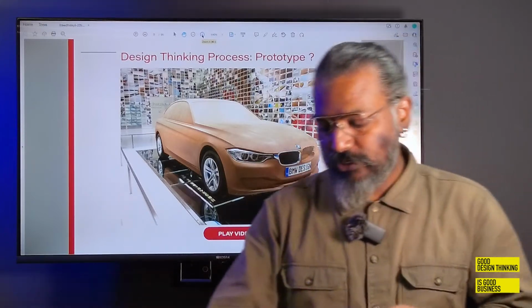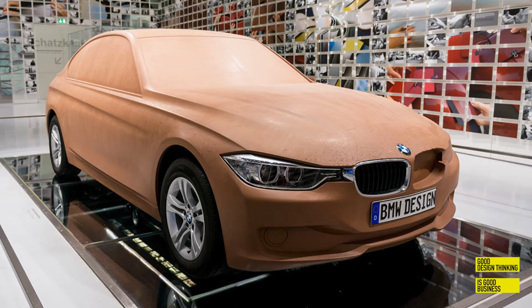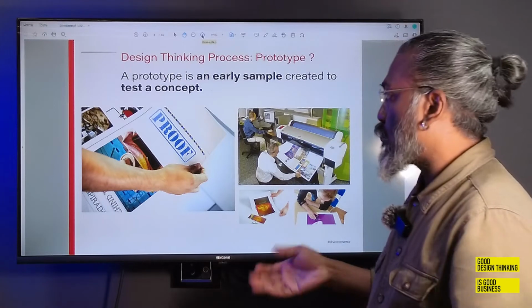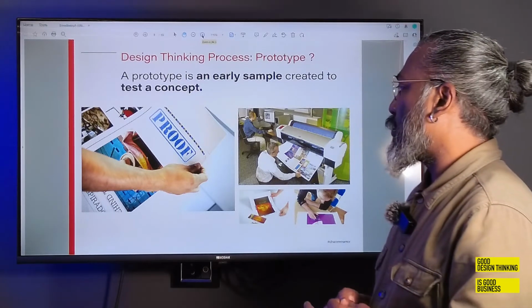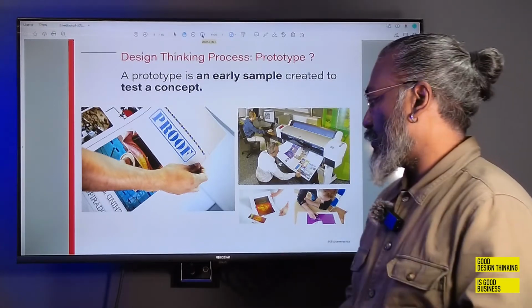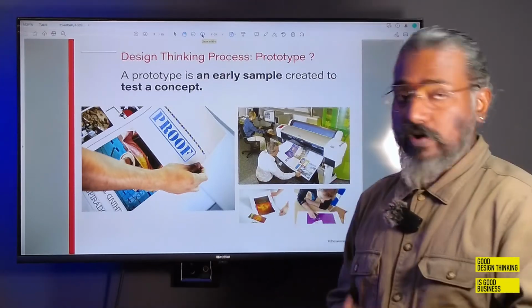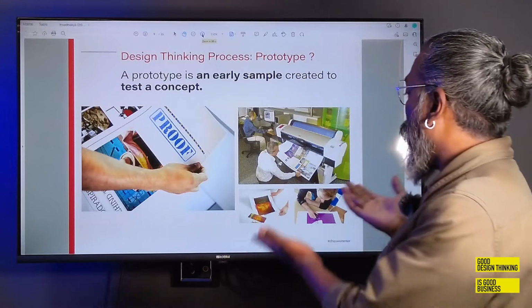Like that, you try to see your idea translating into reality. And prototyping exists in a good number of areas, whether you are a product designer, a car designer, a furniture designer, or a printer.